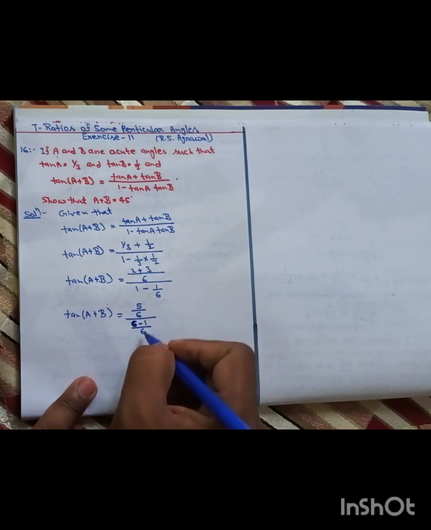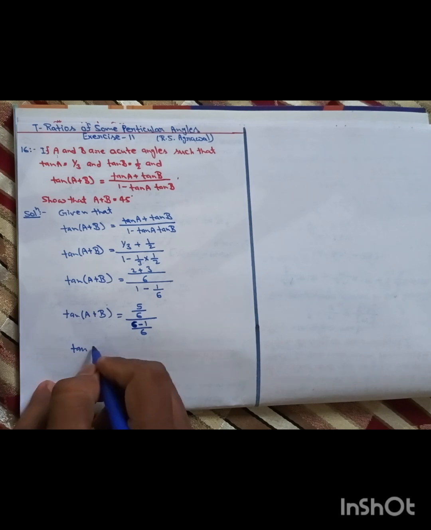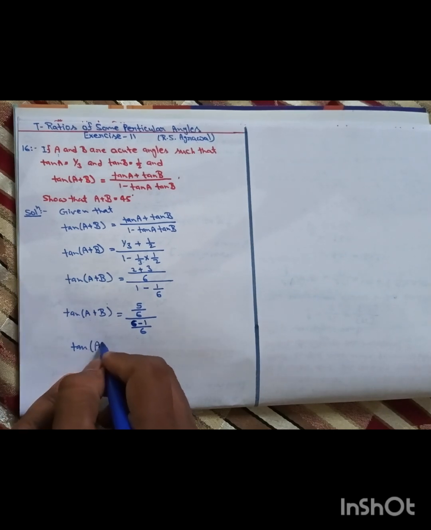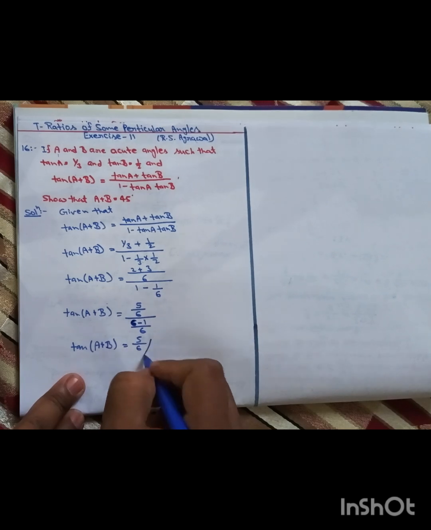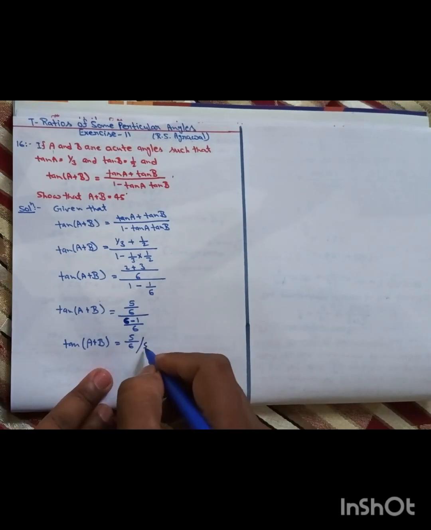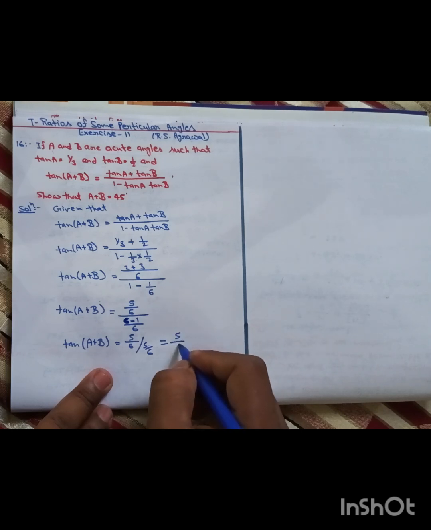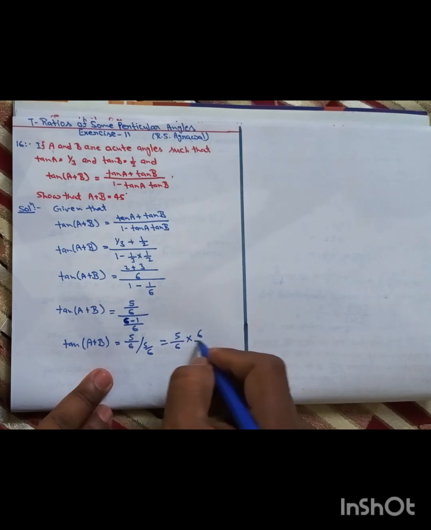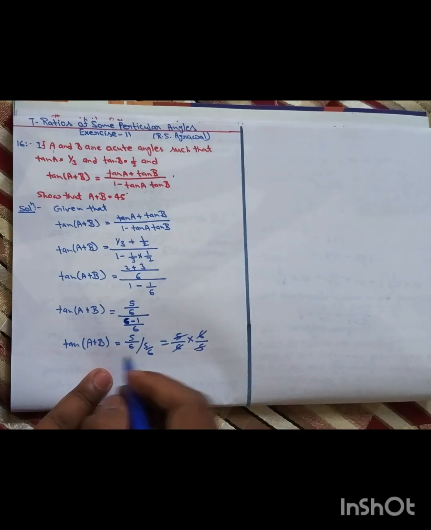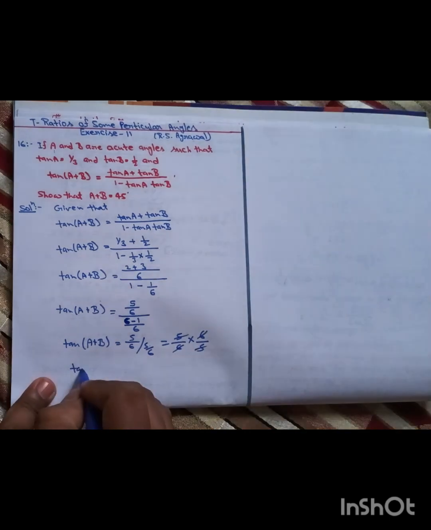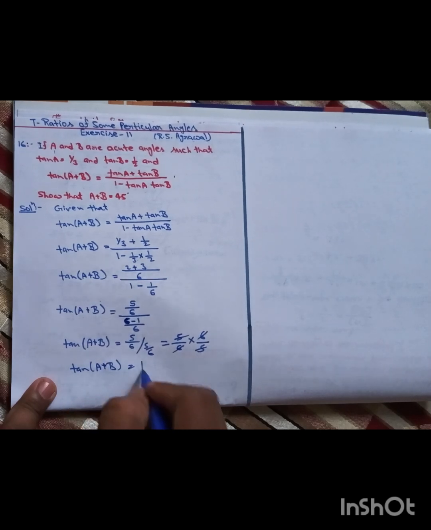So we get tan(A plus B) is equal to 5 by 6 upon 5 by 6. After converting it, we get 5 upon 6 into 6 upon 5. 6 and 6 will be cancelled and 5 will be cancelled. So we will get tan(A plus B) is equal to 1.